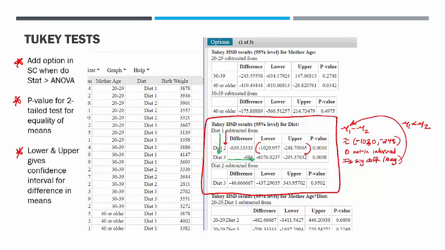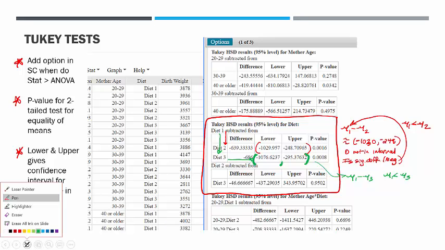We get a confidence interval from negative 1076.6 to negative 295. Again, when we look at the difference between mu1 minus mu3, 0 is not in the interval, so there's a significant difference, and the values are all negative, which would imply that mu1 is less than mu3.